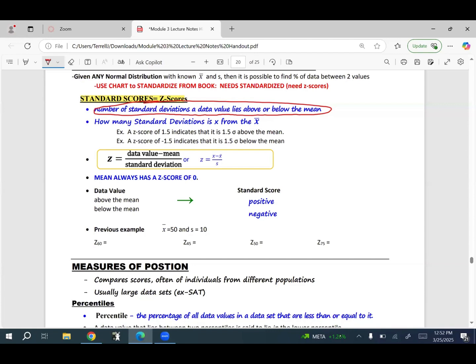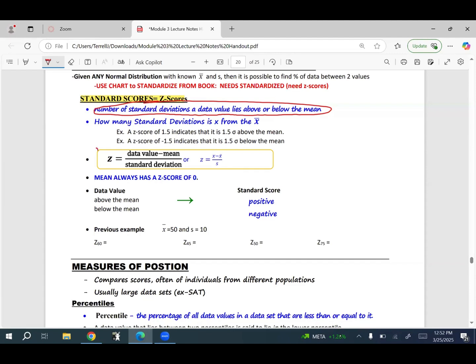And a z-score can be negative or positive. It depends on the location of the data value. If it is to the right of the mean, then your z-score is positive. If your data value is to the left of the mean, then your z-score is negative. And again, a z-score just tells you how many standard deviations away the value is from the mean.